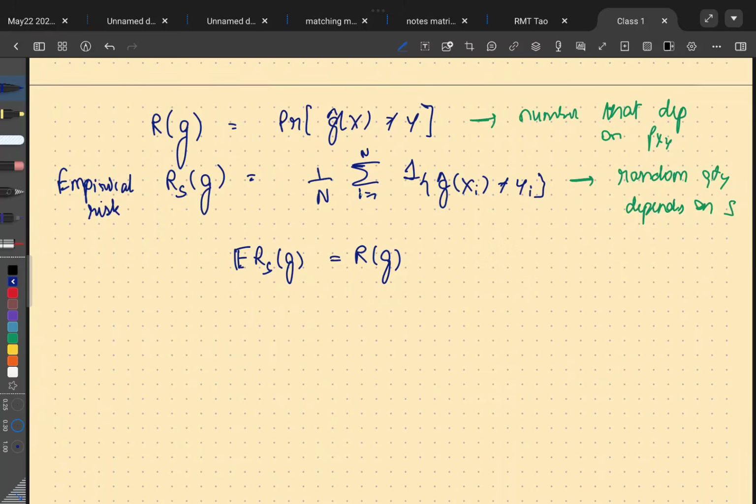Okay, so now we know that for any given g, this is bound to perform well. And in fact, we can quantify how close R_S of g is to R of g. What can we say about the probability that R_S of g minus R of g is greater than or equal to epsilon?